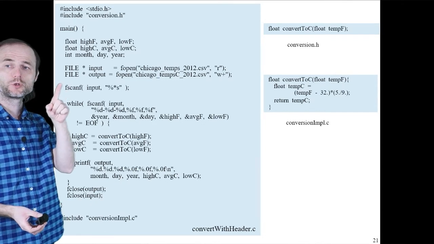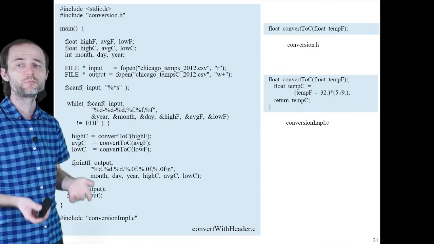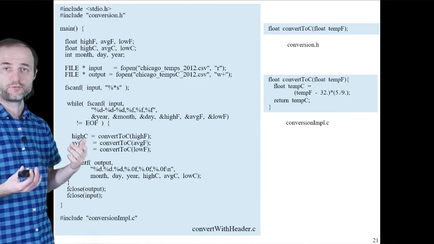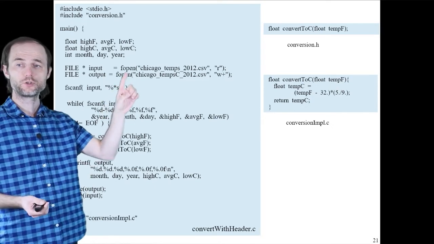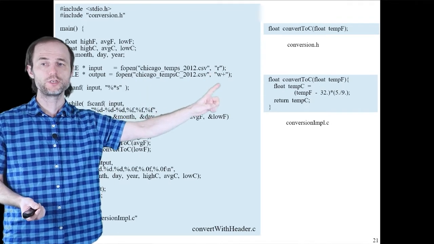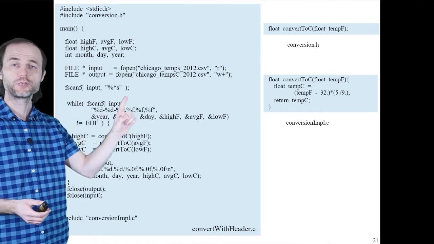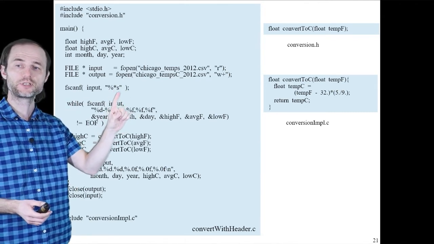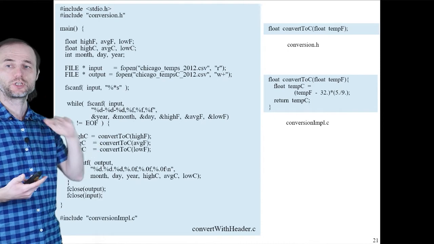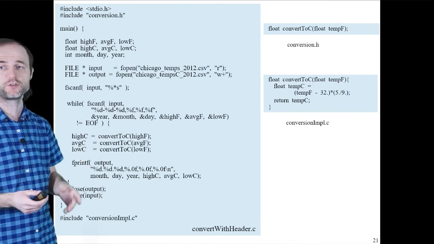Then we will also declare and define the input and output files. So we're going to open the input file and the output file. The input file is open for reading, and the output file is open for writing. We're going to skip the header like before. Remember, %s is going to skip the first line of the file that describes the naming convention of the columns.